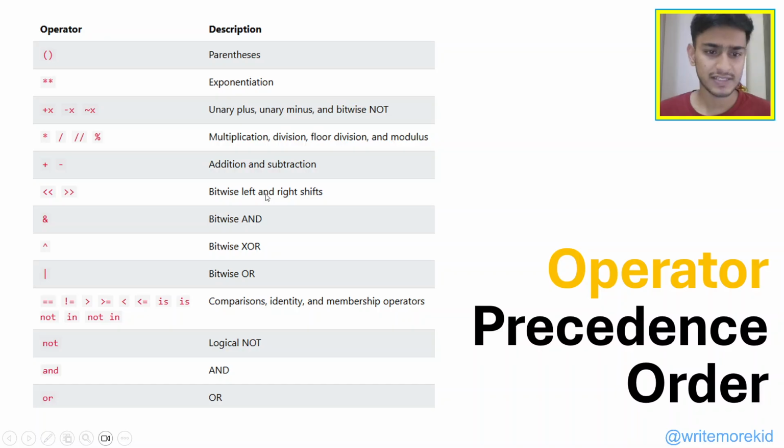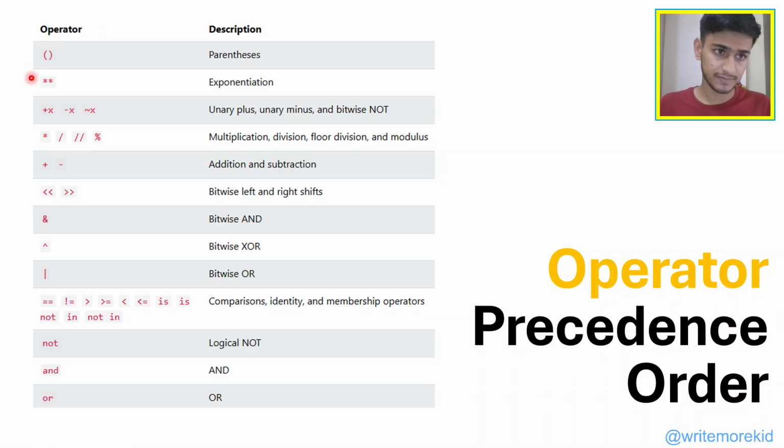Then bitwise comes after that, and later on we have our comparison operators. Then this order is very important: not comes before and, and comes before or. This order you should memorize.